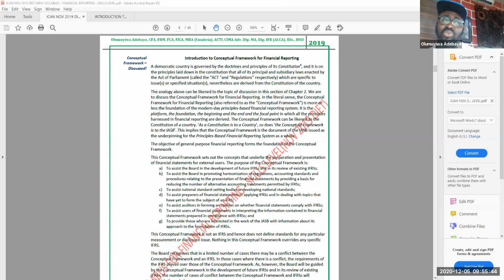And that is all we need to understand about the Conceptual Framework, as issued by the International Accounting Standards Board.